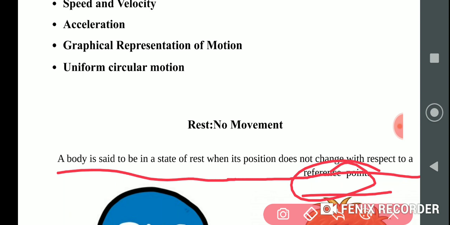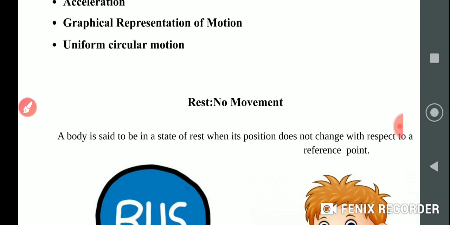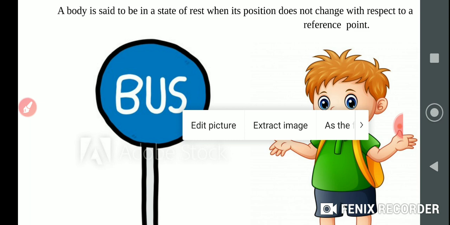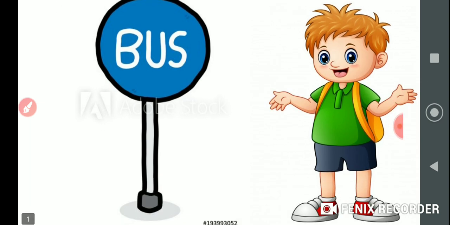Let us take an example. Let us suppose one student is standing at a bus stop. He is waiting for the bus. What do you think? Is the boy in motion? No, he is not in motion because he is at the same position with respect to the bus stop.